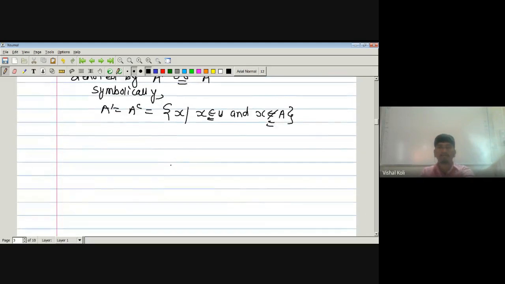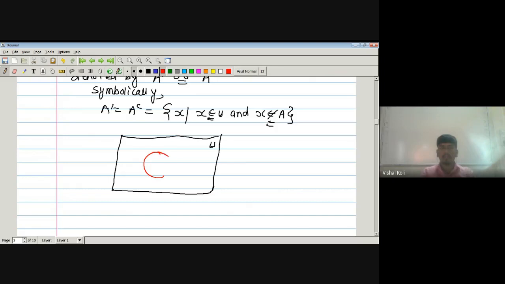Its diagrammatic representation: this will be the universal set U, and suppose somewhere is our set A, and we have to find its complement. By definition, the complement of A contains all those elements which are members of U but not members of A. It means these elements do not belong to A complement.